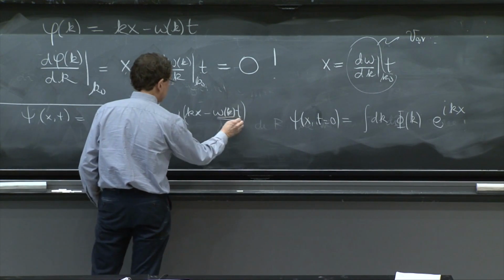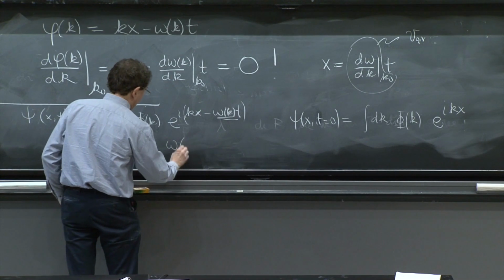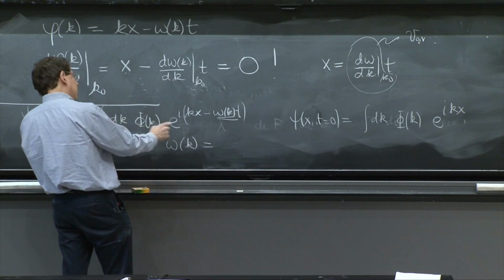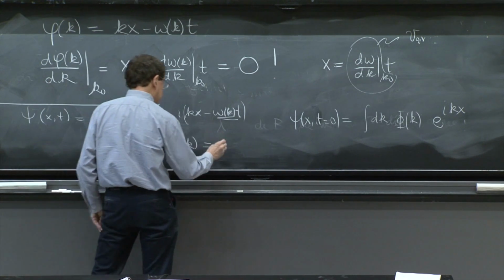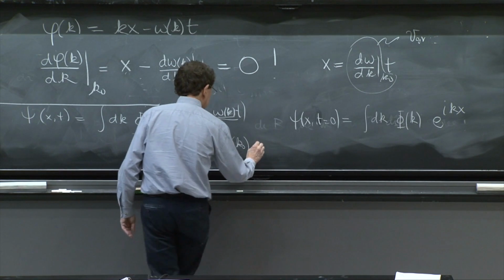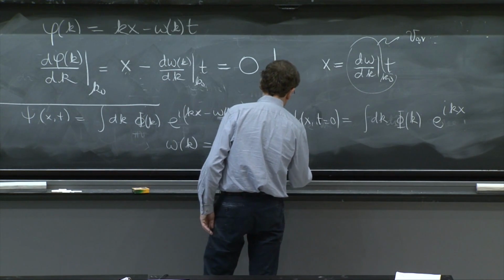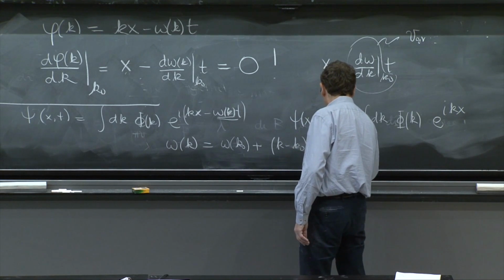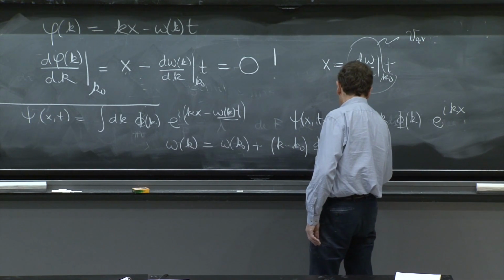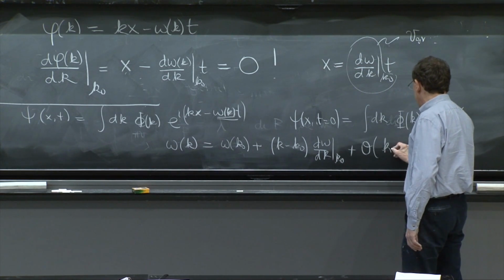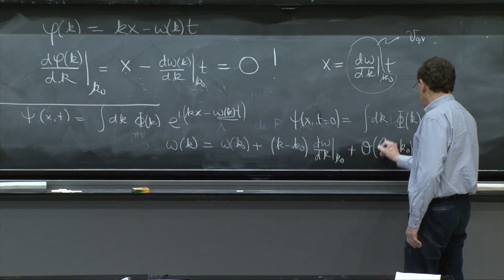And I will approximate omega. Omega of k, since we're anyway going to integrate around k naught, let's do a Taylor series: omega of k naught plus (k minus k naught) times the derivative of omega with respect to k at k naught, plus order (k minus k naught) squared.